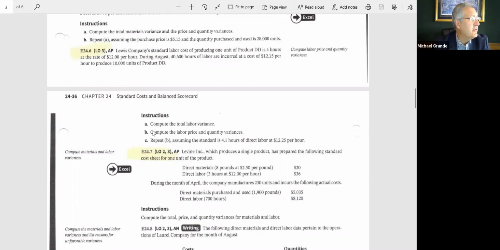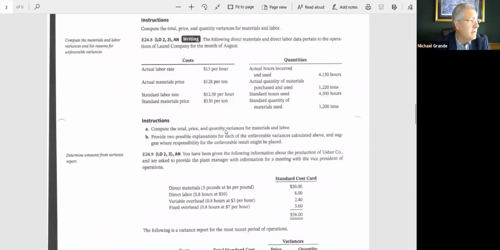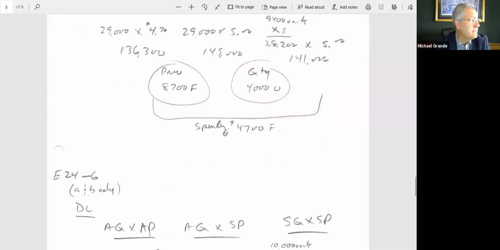What are they asking you to do? A, compute the total labor variance. That's the overall variance. B, compute the labor price variance and the quantity variance. We're only interested in items A and B. Let's look at the solution for number 6.